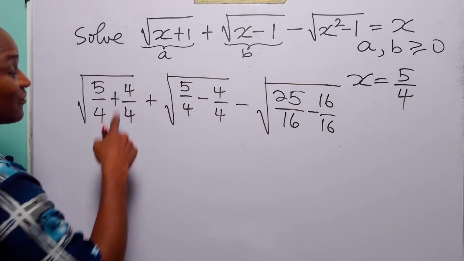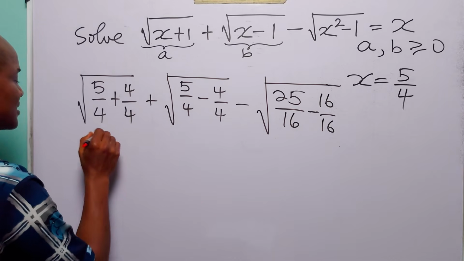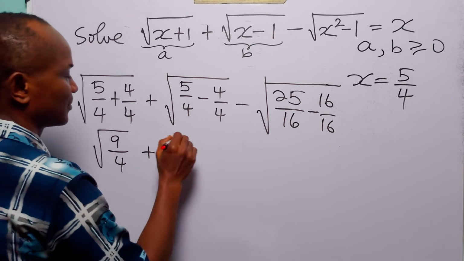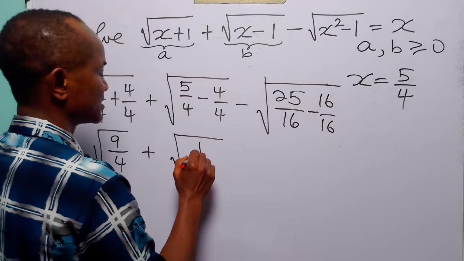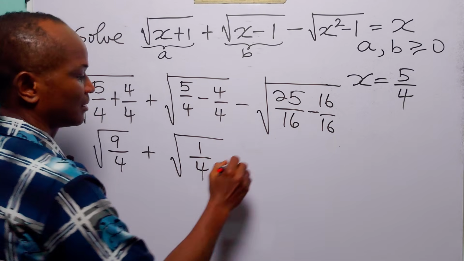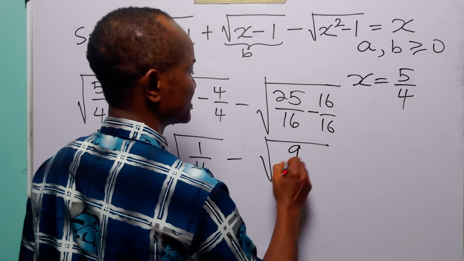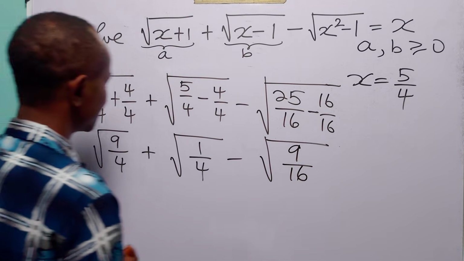Now 5 plus 4 is 9. So this is the square root of 9 over 4 plus 5 minus 4 is 1. 25 minus 16 is 9 over 16.